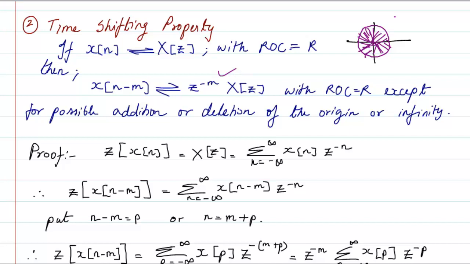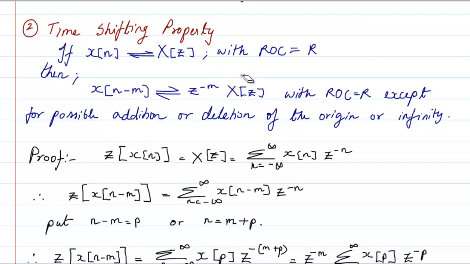Then with this particular property, if there is a time shift, in the new ROC the origin will be deleted, and there will be the inclusion of the infinity. That means the region of convergence will now be this circle devoid of the origin, plus at the infinity there will be ROC. So these are things that we have to prove. So let us prove that.